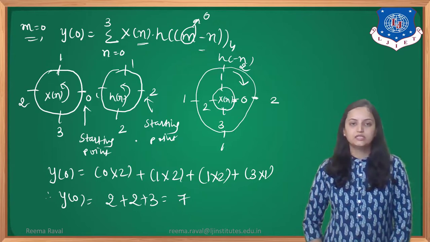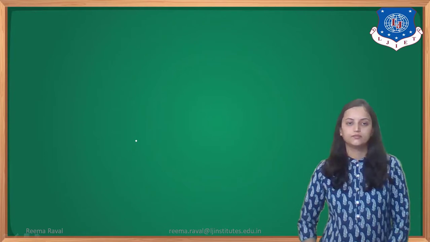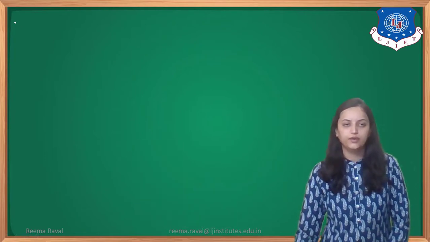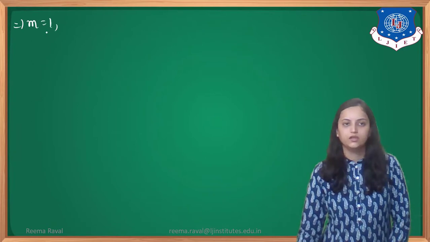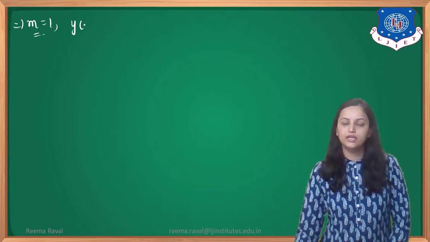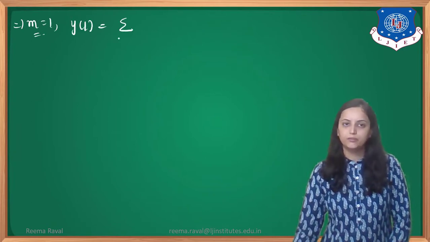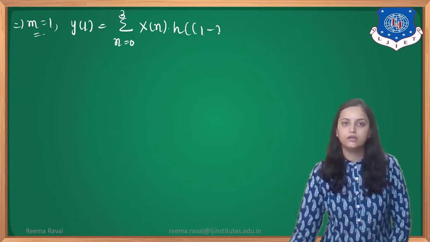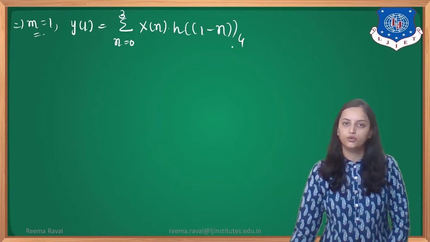Okay. Same way we will find the value for m equals 1, that is y of 1. So if we take m equals 1, we will get y of 1 equal to summation of n equals 0 to 3 x of n into h of m minus n, where m is 1, so that will be 1 minus n for 4 point.